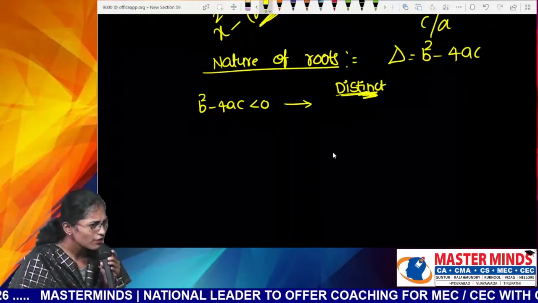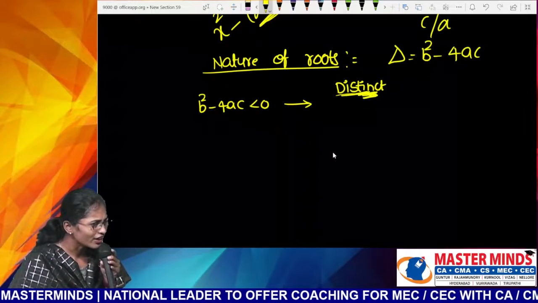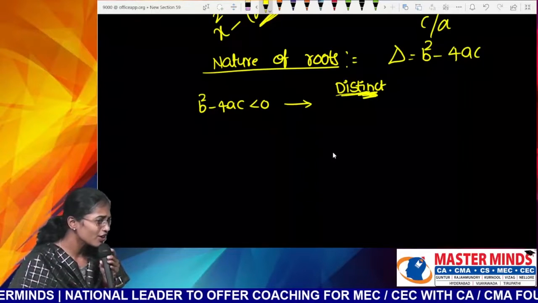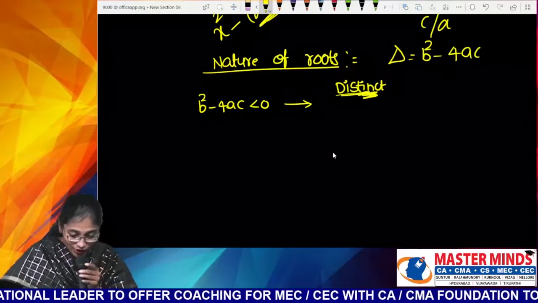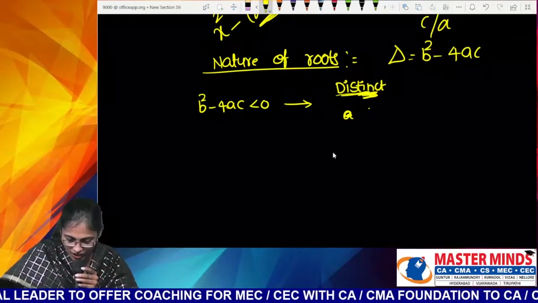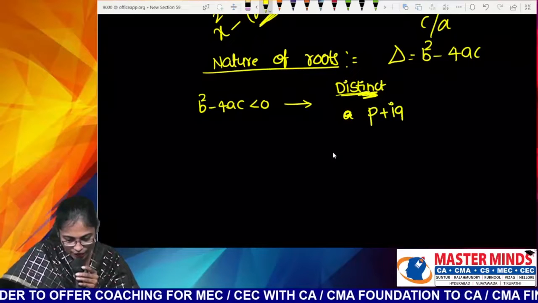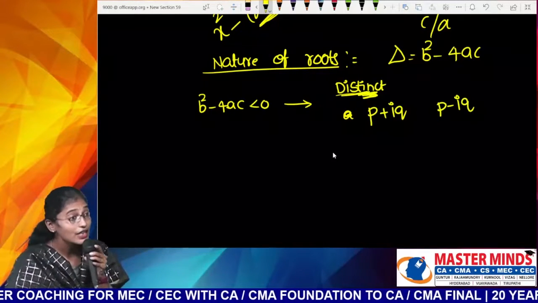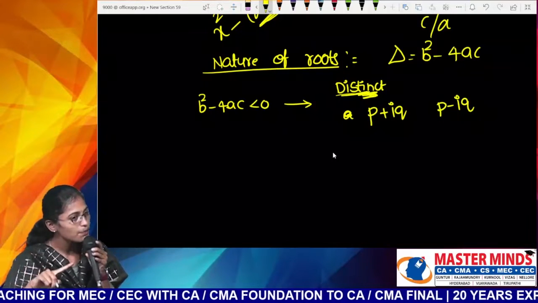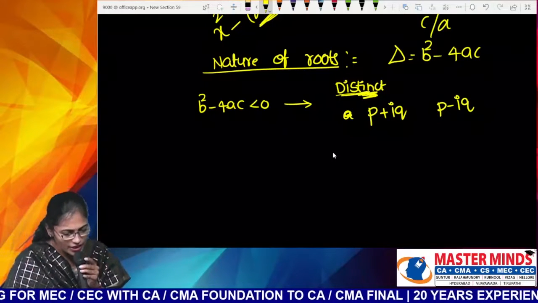Distinct means same or different? Different. And that too, if one root is p plus iq, the other root is p minus iq.